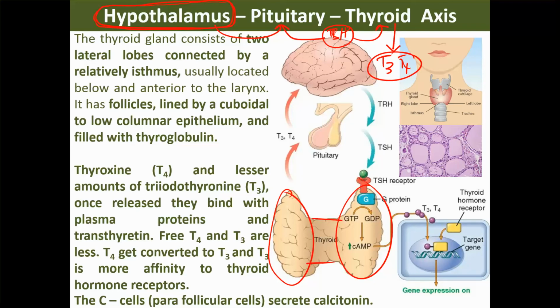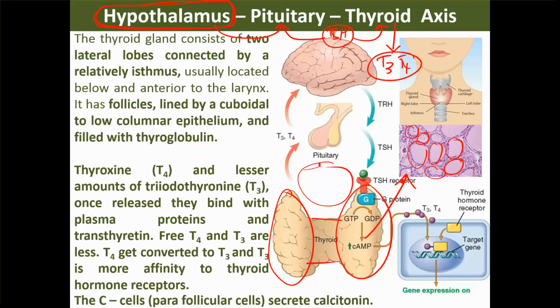If you see the thyroid in histology, there are a lot of small follicles of varying size. You can see something filled in, that is called thyroglobulin or colloid. I'll draw a follicle here.